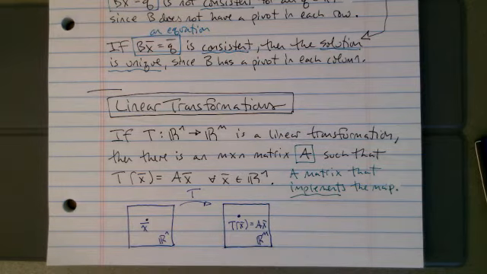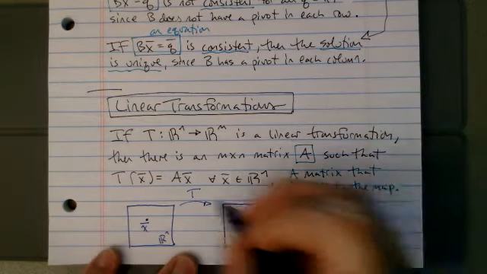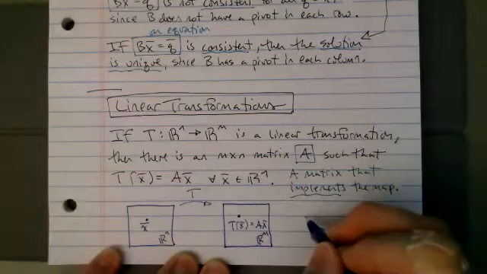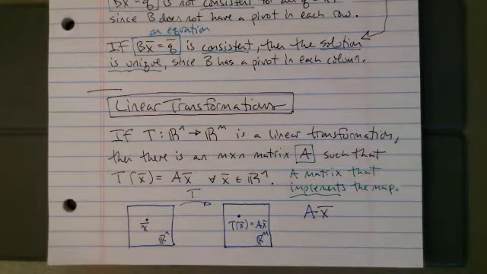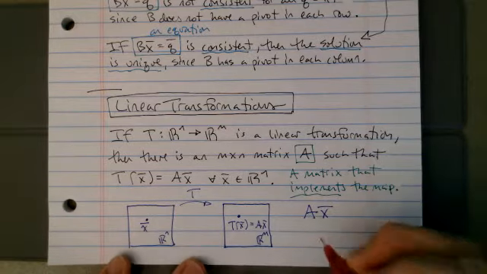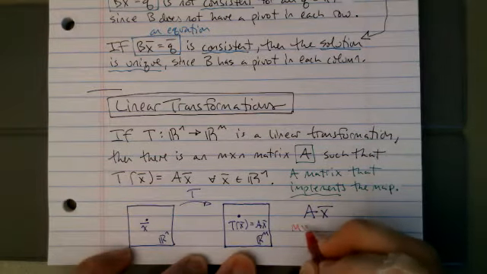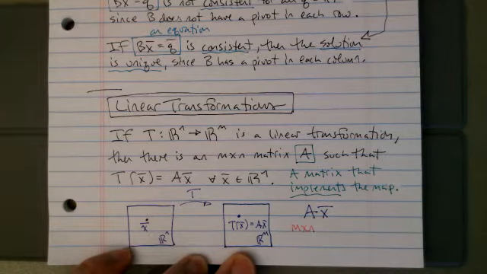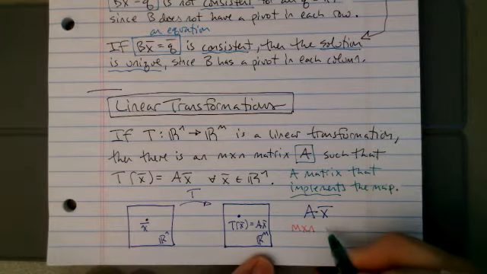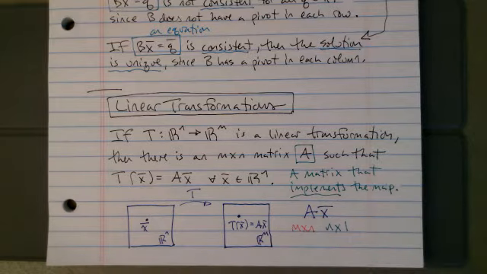Let's make sure that this makes sense. If we look at the product AX, A is M by N, and X is in Rn, so X is N by 1. If A is M by N, then X has to be N by 1 for the multiplication to be defined.